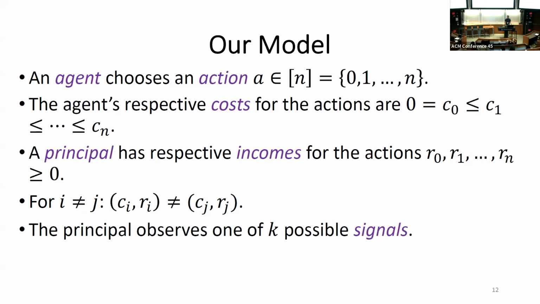The principal's respective incomes for the actions are R_0 to R_n. As is natural, we assume that there are no two actions that have the same income for the principal and the same cost for the agent. And what the principal observes is one of k possible signals, not the actions themselves.